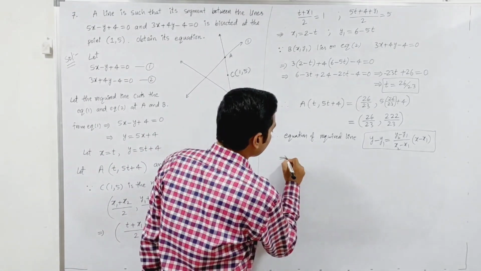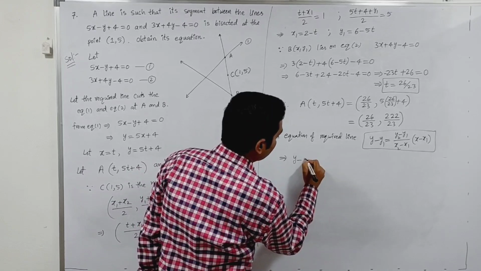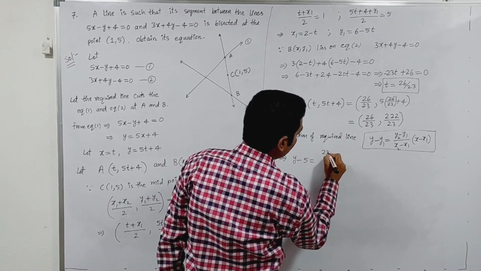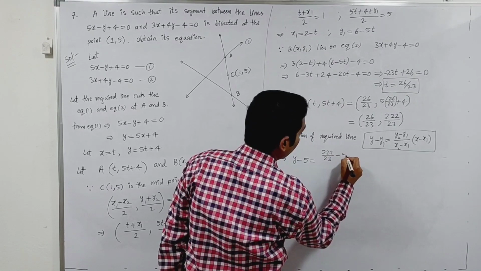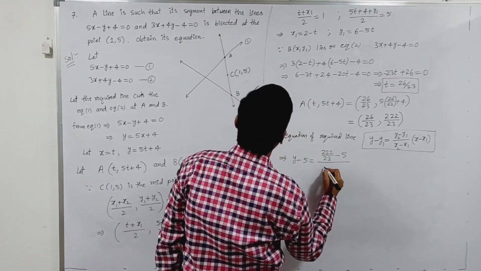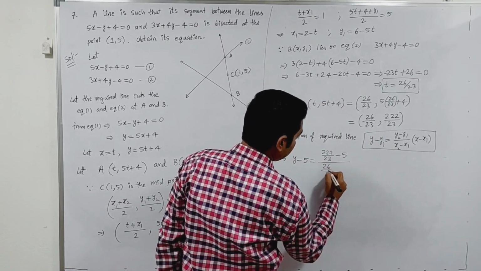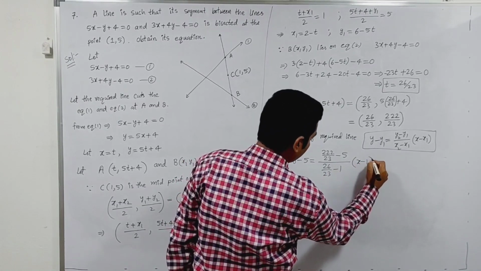Now apply the formula. y minus y1, first point 5, is equal to (222/23 minus 5)/(26/23 minus 1) of (x minus 1).